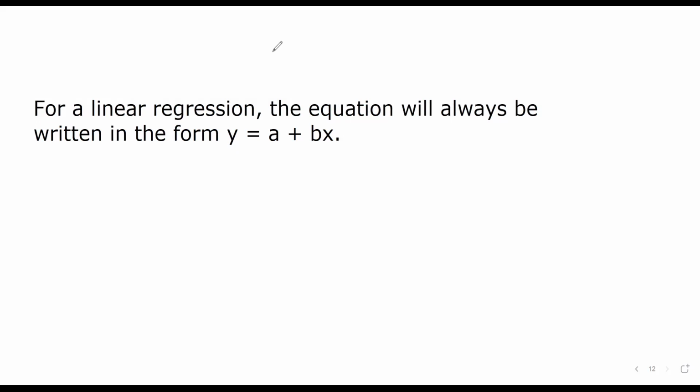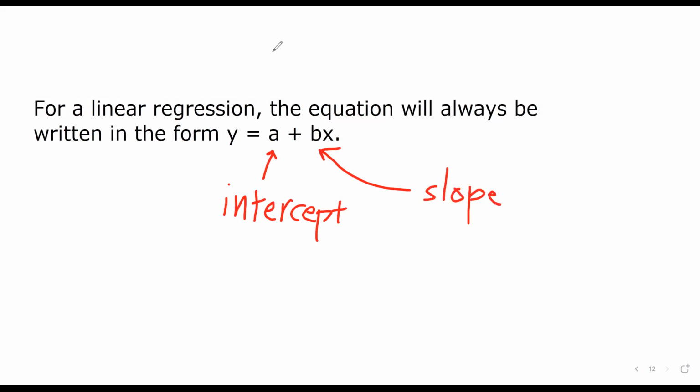But in this form, the a is your intercept, and the number sitting in front of the x, which is currently called b, is your slope. The fact that it's called b is inconvenient, but at the same time completely irrelevant, because when you see your equations, they'll just be written in what looks like backwards form.